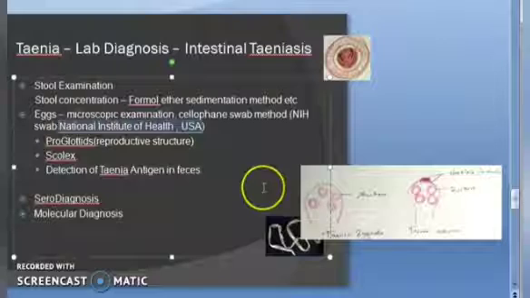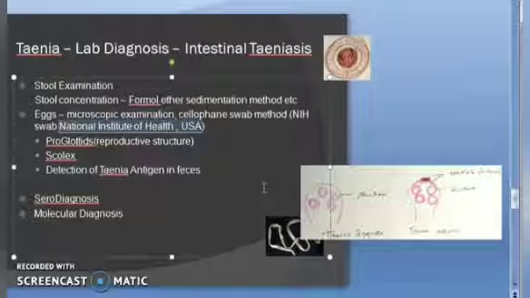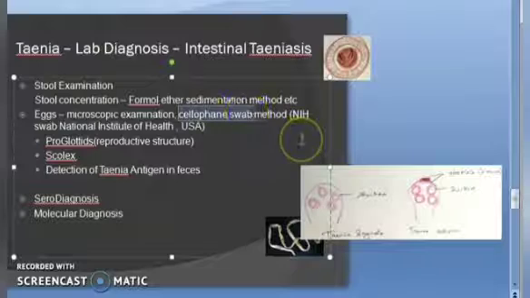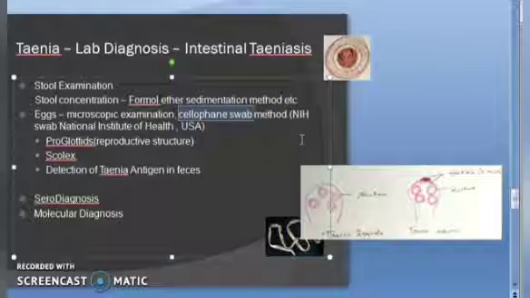Here what you will do, they take a cellophane tape, normal cellophane tape. On the perianal area, they will swab it with the cellophane tape. Whatever stool is left out will stick there.